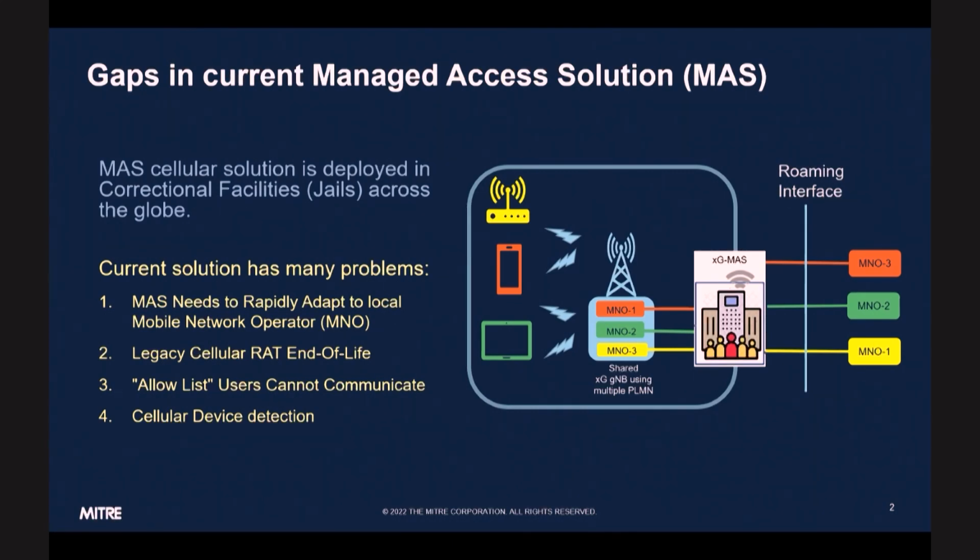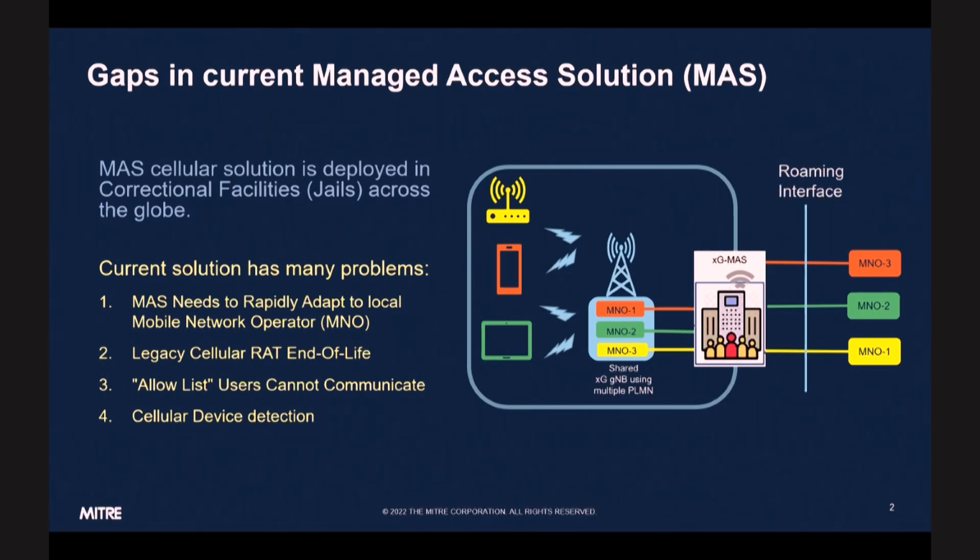The second iteration is developed by CTIA as a standard in collaboration with Virginia Tech. And they are using a roaming model.